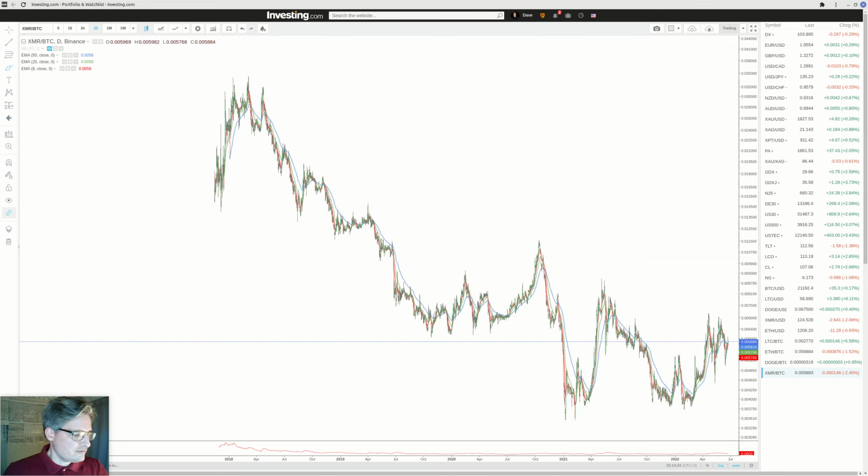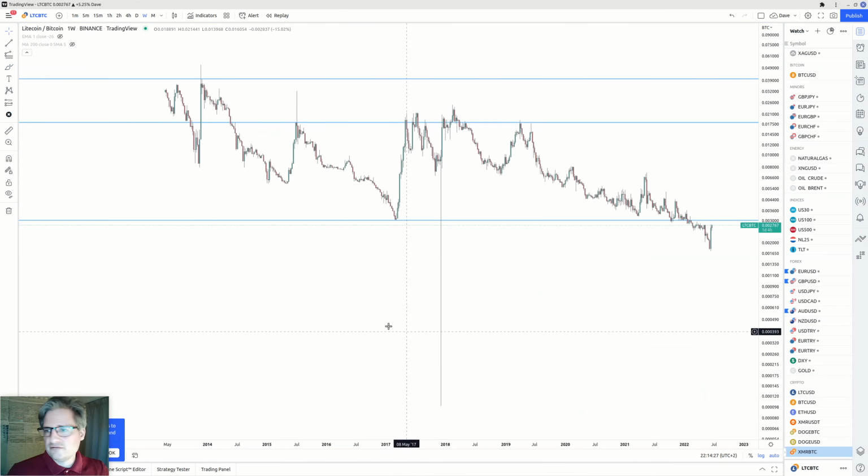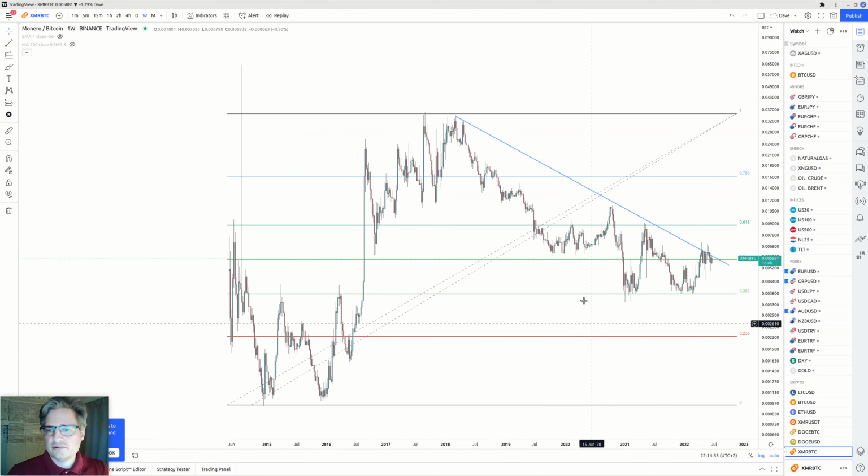But I also want to have a look at the longer term price chart. I can only find that on TradingView. So let's open up this one. Yes, this is Monero against Bitcoin as of 2015 up until now. And looking at it like this, we can actually say that the Monero and Bitcoin price is just circling around this average price where it is right now.